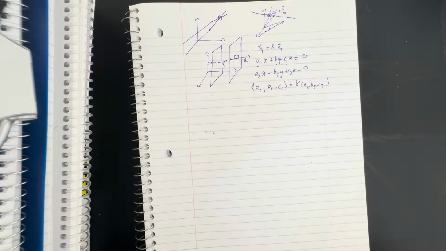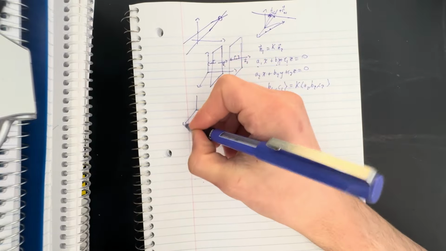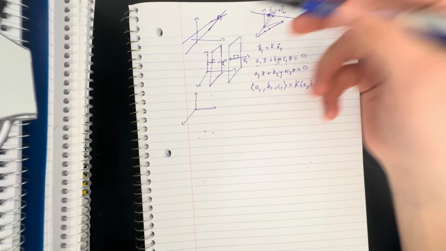And then these two planes, they'll be orthogonal. You could kind of sense a pattern here. Planes are parallel if their normal vectors are parallel.